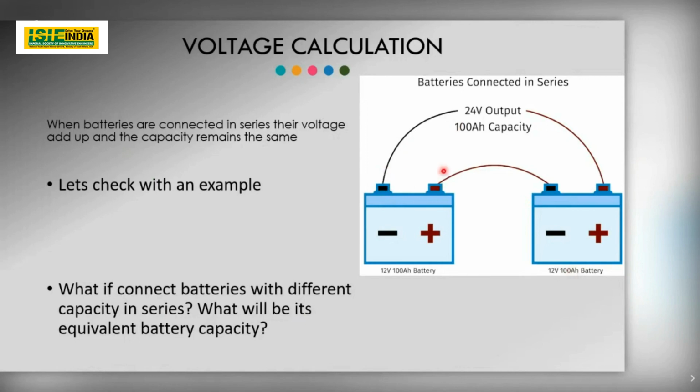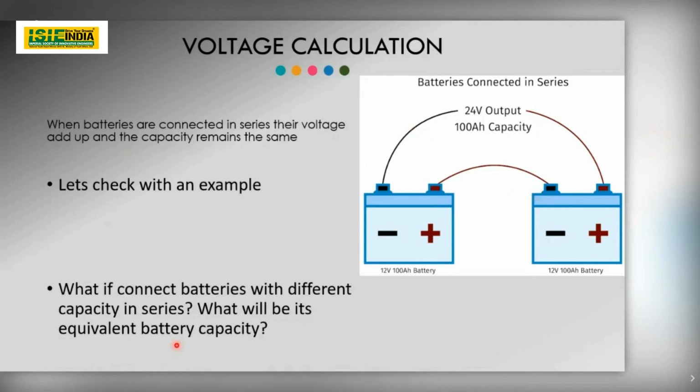In series means the negative terminal of battery 1 is connected to the positive terminal of battery 2, and output is taken at both batteries' ends: the positive terminal from battery 1 and the negative terminal from battery 2. At the series connection output we have the sum of their voltages, 12 volt plus 12 volt, that is 24 volt, and the battery capacity remains the same, 100 Ah.